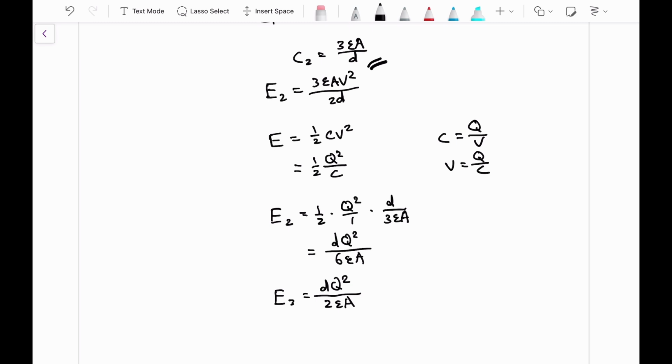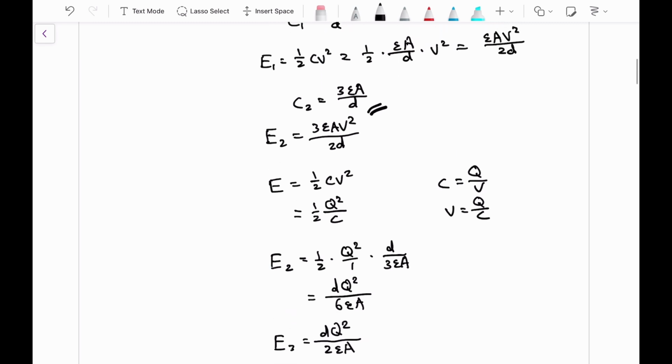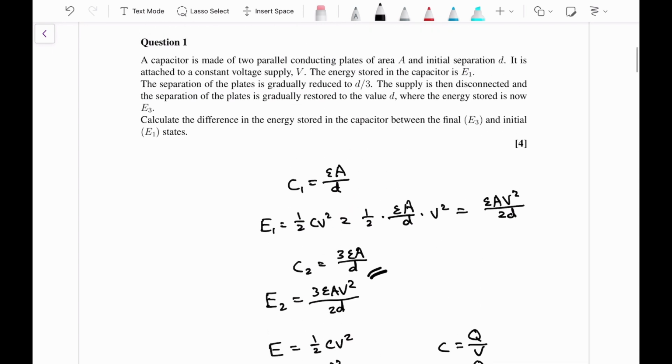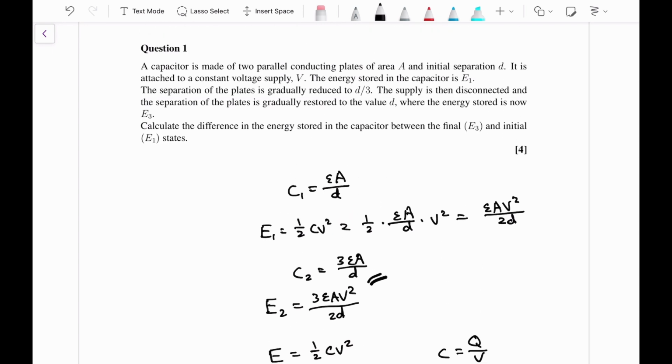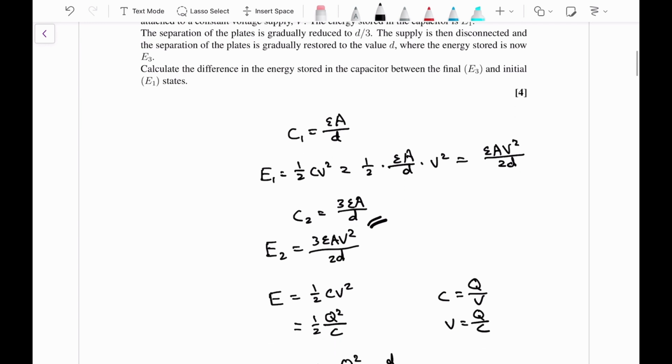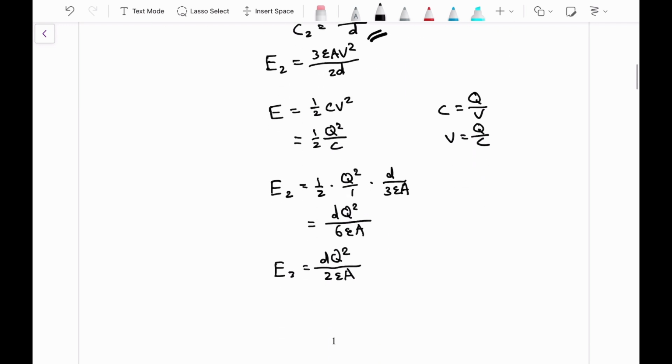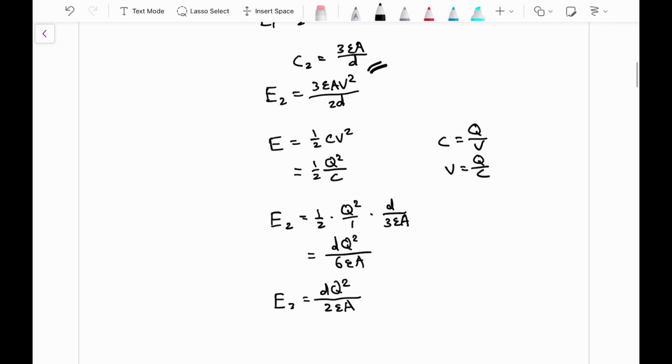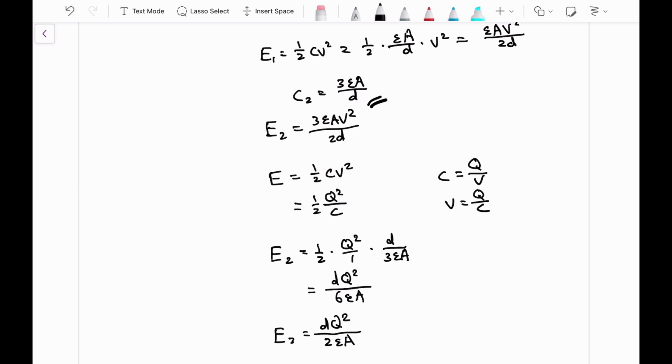Now, how do we calculate the difference between E3 and E1? The final answer that we want to get is in terms of A, D, and V, so if we leave Q, it won't be an answer. So I suppose we have to convert this format back into the voltage format.